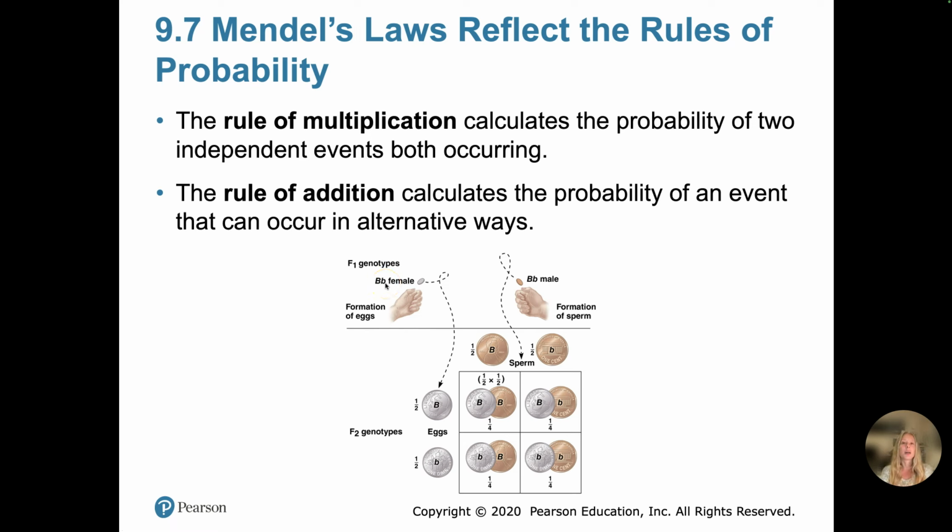We know that every time you flip a coin, it's a 50-50 chance of landing on heads or tails. So there's one half ratio. 1/2 of the gametes will get the capital B, and then 1/2 of the gametes will get the lowercase b. Same for the male. 50-50 chance. So half of the gametes will get the heads or the capital B, and then half of the gametes will get the tails or the lowercase b.